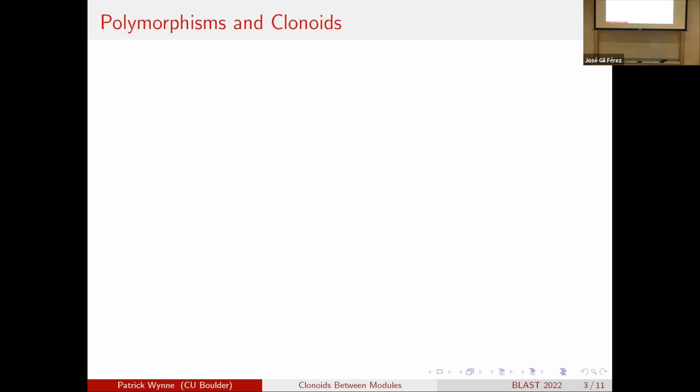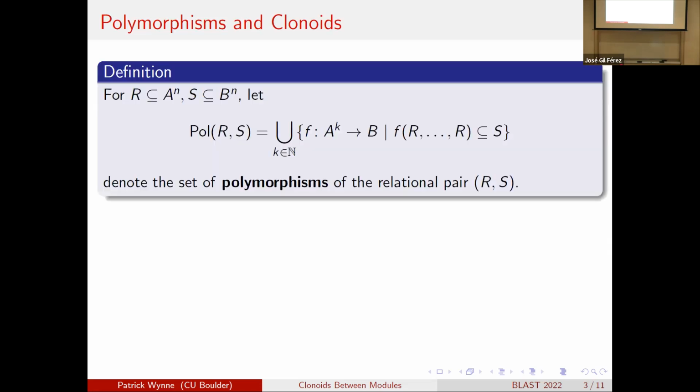And so for a pair of relations R and S in nth powers of A and B respectively, the set of polymorphisms of this relational pair is all the functions that preserve this relational pair.